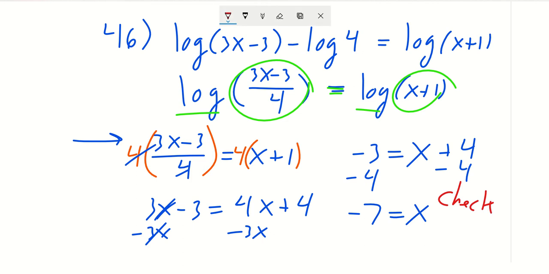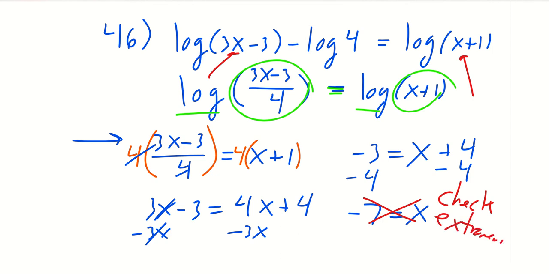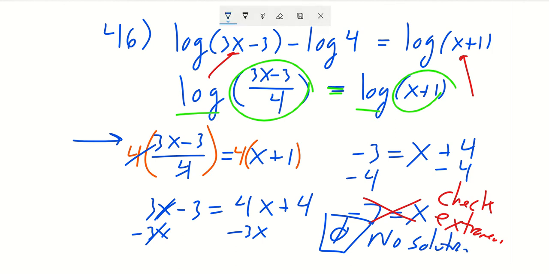If you plug negative 7 in, I can see very quickly that's going to make some of our log terms negative. So that means that this value, x equals negative 7, is going to be extraneous. It was the only value of x we came up with. However, it's not a solution to the equation, which means the answer to this equation would be no solution. So this one has no solution.